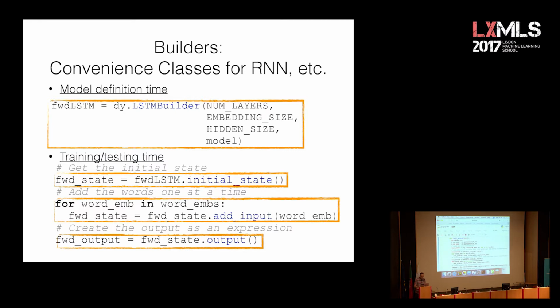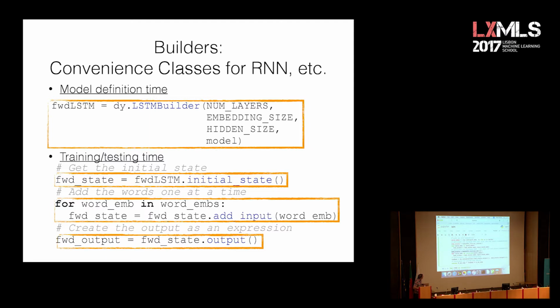Our calculate scores function is a little bit longer, though it's not really that much more difficult. Basically, we first look up the word embeddings. We get the initial state. And then for each word embedding, we walk through in this order.